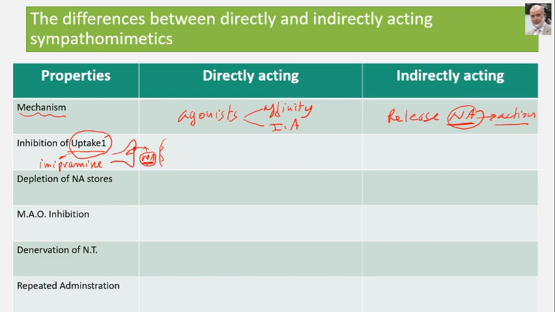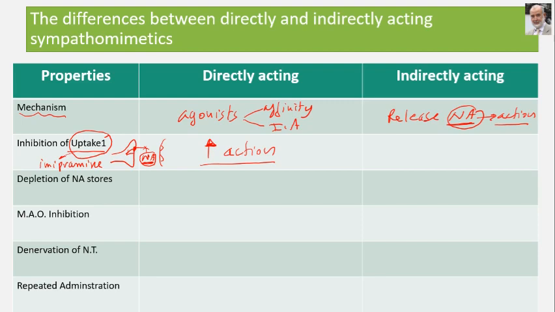So directly acting drugs will stay longer at the synapse. That means their action will be increased. So by inhibiting the uptake 1 mechanism, the action of directly acting sympathomimetics like noradrenaline and adrenaline will be increased. Why increased? Because we inhibited their physiological inactivation.